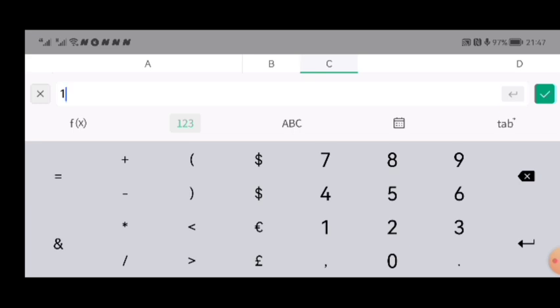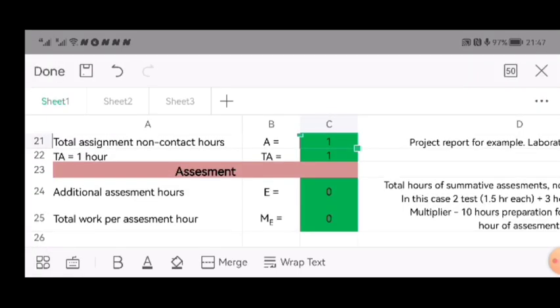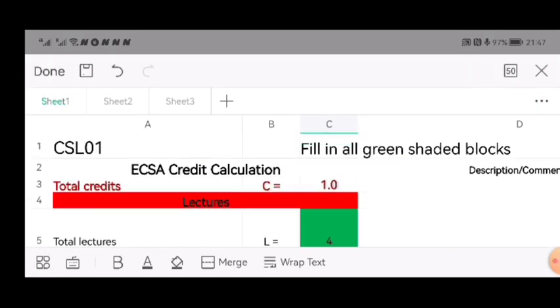The time where a student works on their own also counts. So we do that for assignment. And then the credit is right. It got to the value which we need.